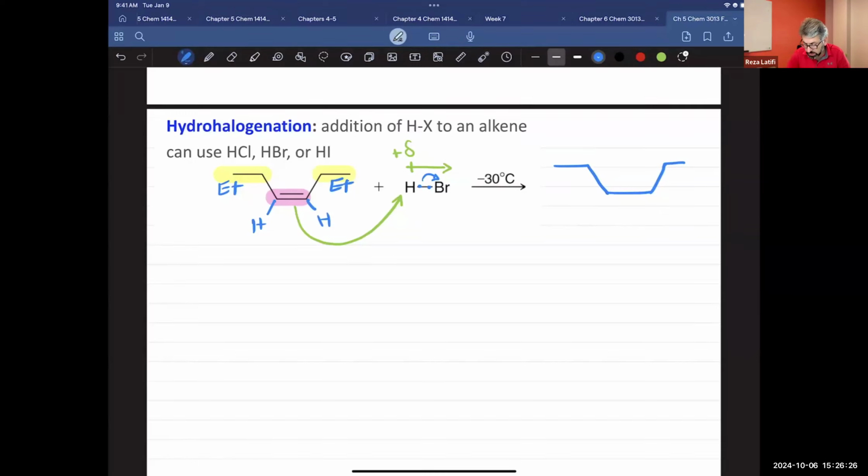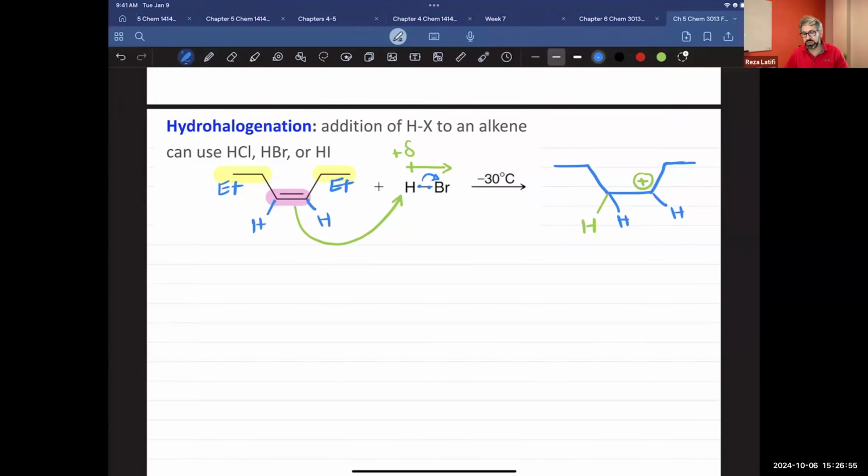So the double bond is gone. We don't have a double bond anymore. From now, we have hydrogen added to one of the carbons. The second carbon now will have a positive charge. So we got a carbocation. Remember, we do have hydrogen on each of these carbons, and we had those hydrogens from the beginning.